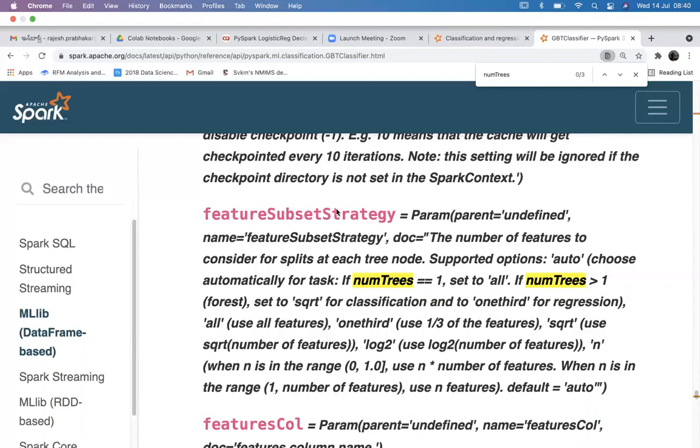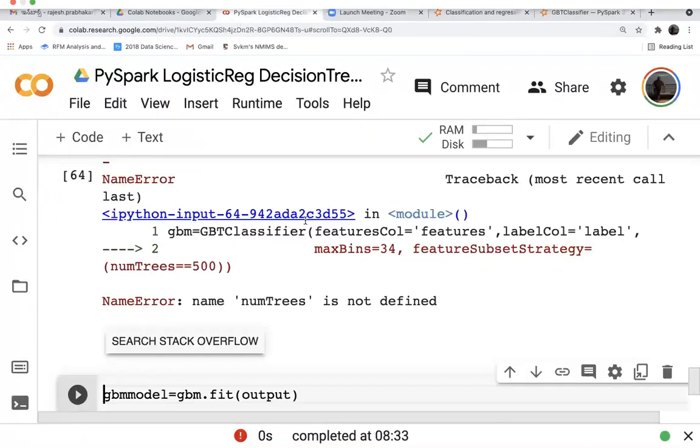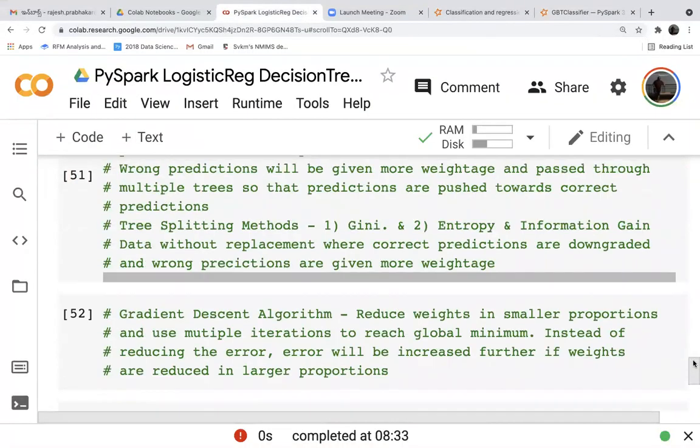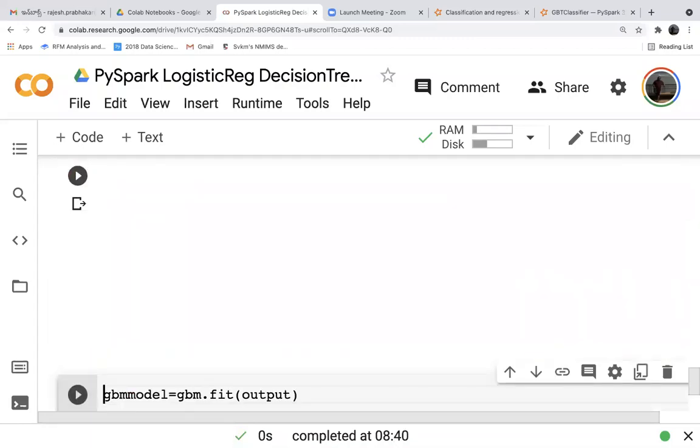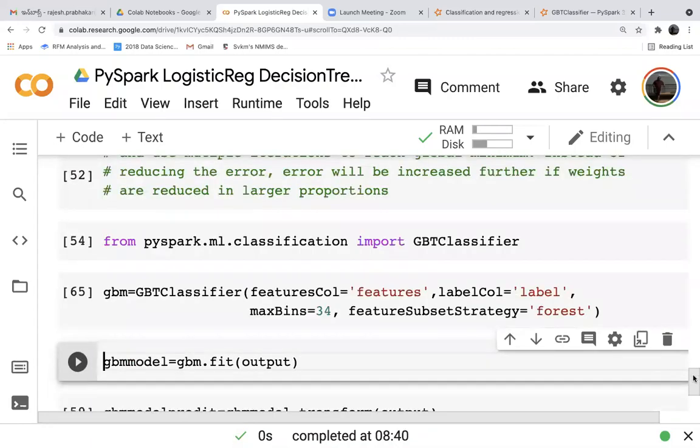Feature subset strategy equals all, or equals forest if we want more than one tree.